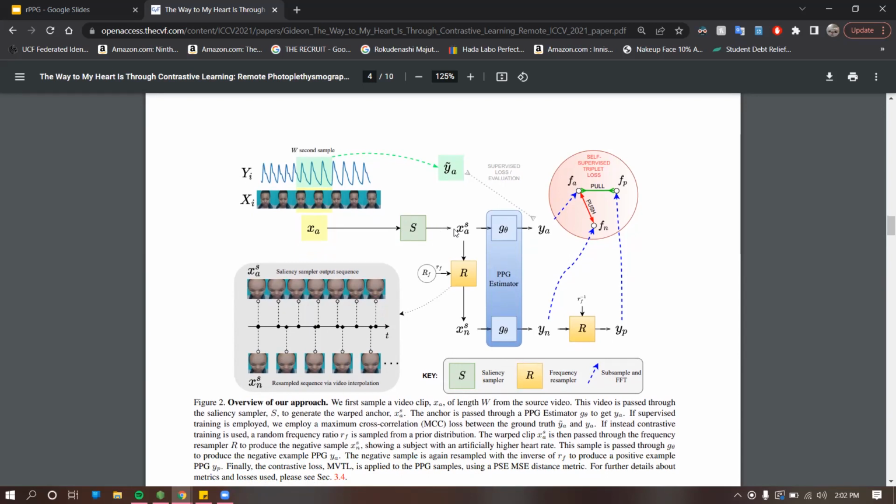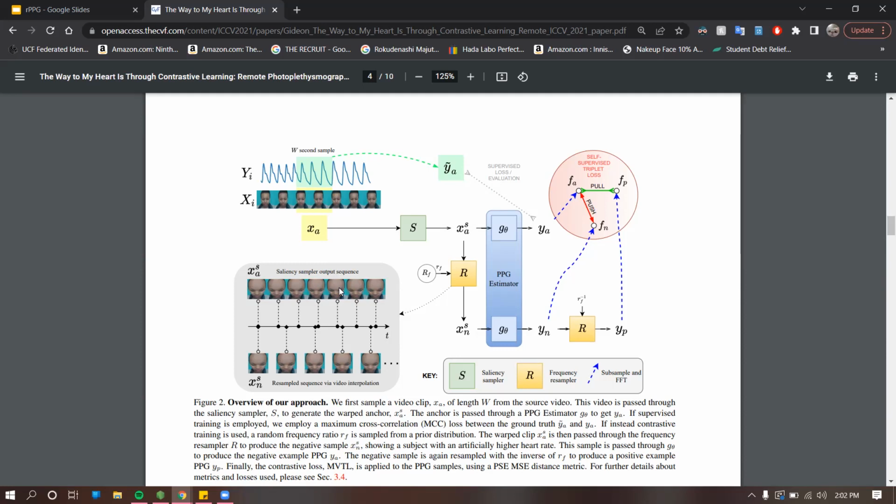Then it will go through the frequency resampler and then the PPG estimator, where it'll actually make the estimations for the changes in blood volume, and then that will eventually produce this output image, which will showcase, for example, the subject's area where the PPG estimator was actually resolved.